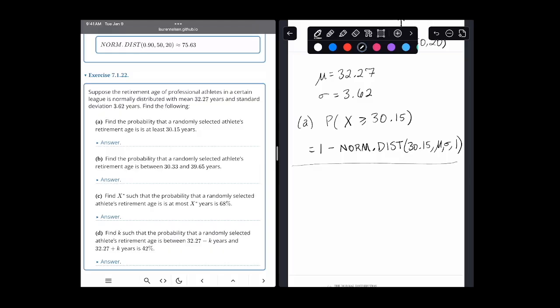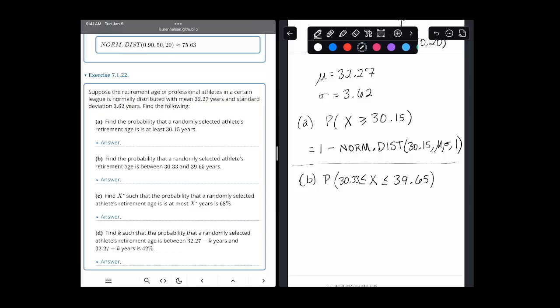Part B says find the probability that a randomly selected athlete's retirement age is between two numbers. So between 30.33 and 39.65.